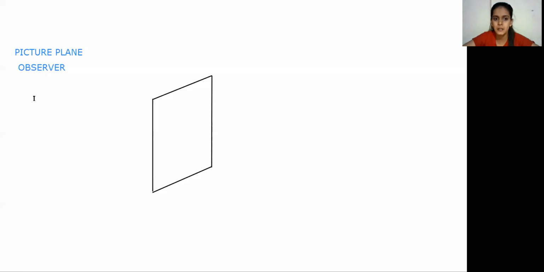We can see the earth from the satellite also because there are so many cameras fitted in our satellites. So this time it is the observer. There are lots of observers. If we are going to plan an aerial photogrammetry, then the camera lens is the observer and all photographs that appear on a screen are our picture plane and perspective, right?